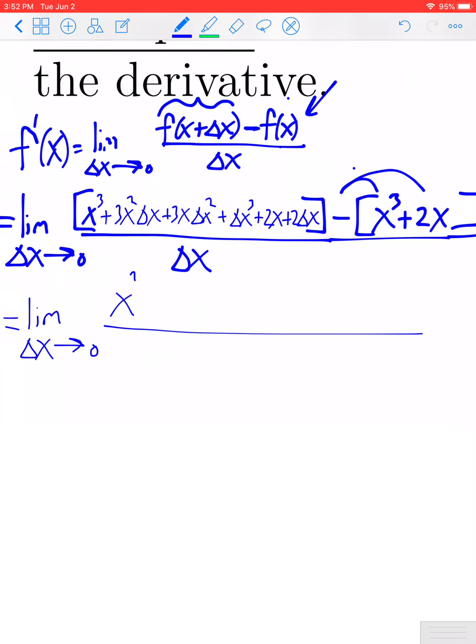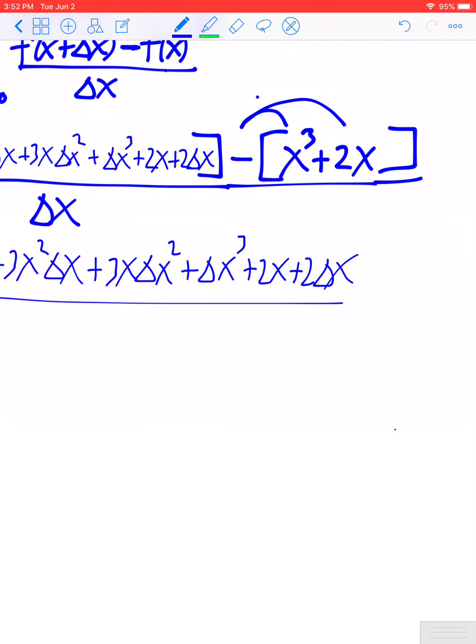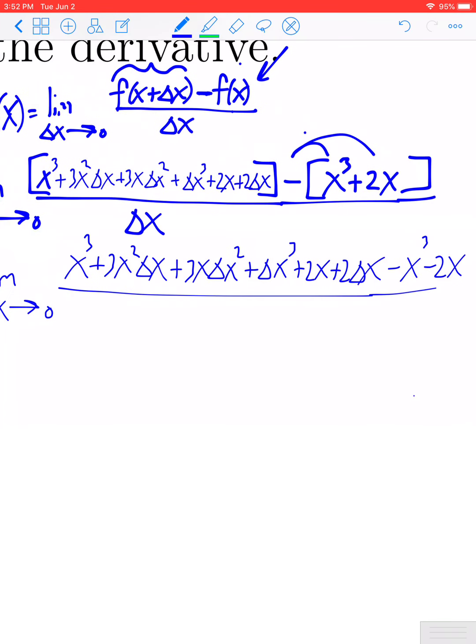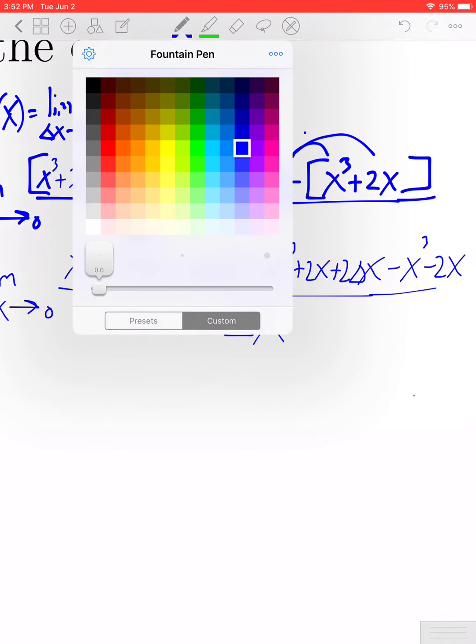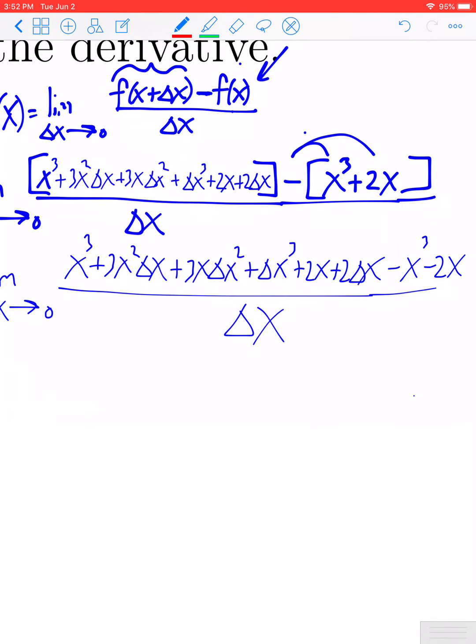We have x cubed plus 3x squared delta x plus 3x delta x squared plus delta x cubed plus 2x plus 2 delta x minus x cubed minus 2x, all divided by delta x. With that distribution, we do see that some terms will cancel.